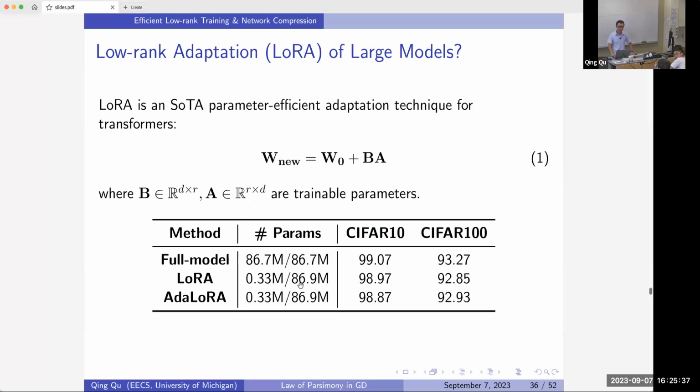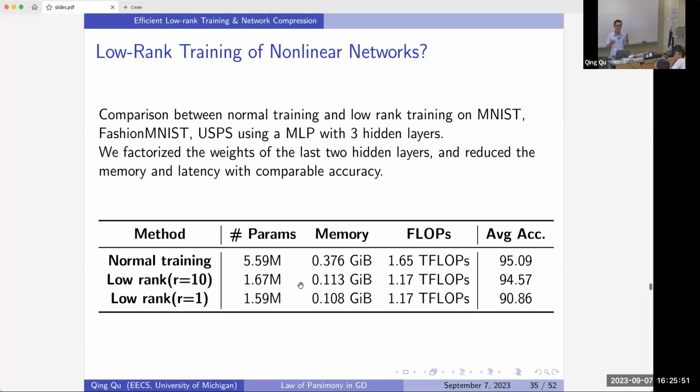My question might be a bit off topic, but why is it just happening from the fine tuning stage, not in the pre-training stage? I think for a large language model, you have many classes, right? If you have too many classes, our theory indicates that the rank should be proportional to the number of classes. I think that's maybe a reason that you cannot do low rank training for a large language model, because there are too many classes.